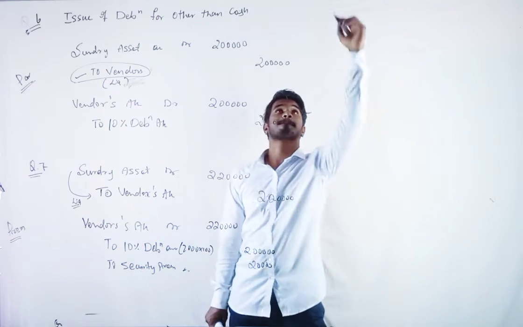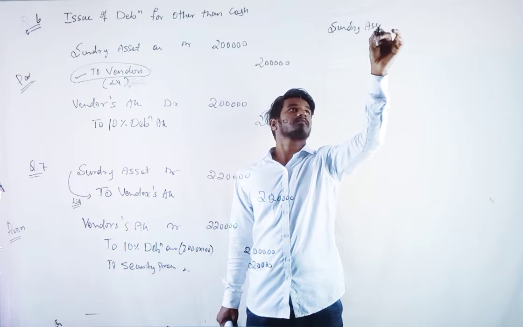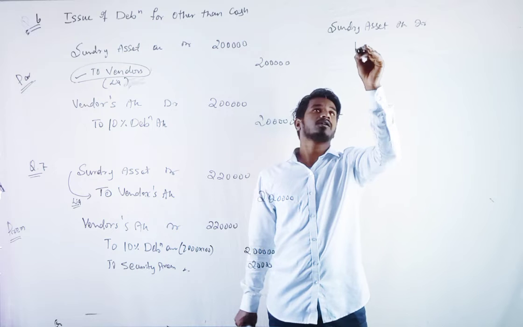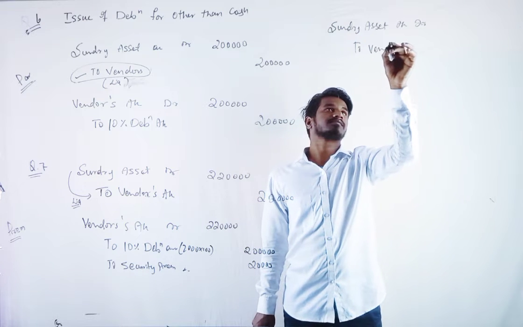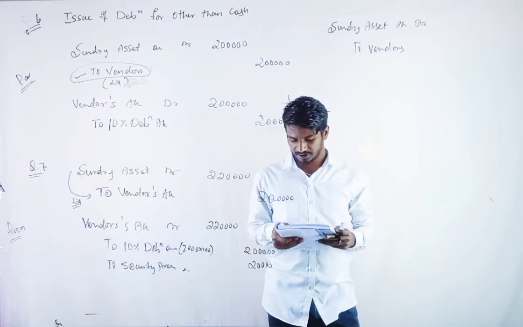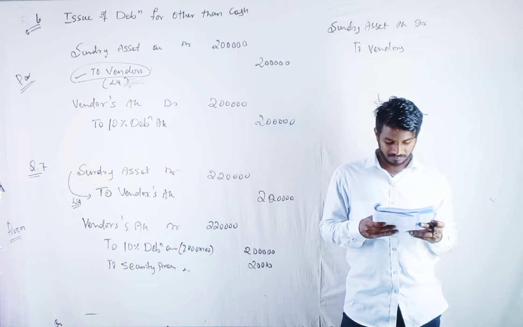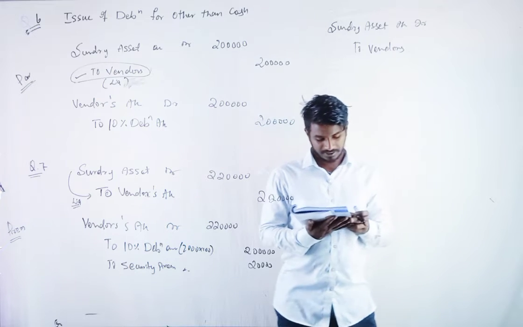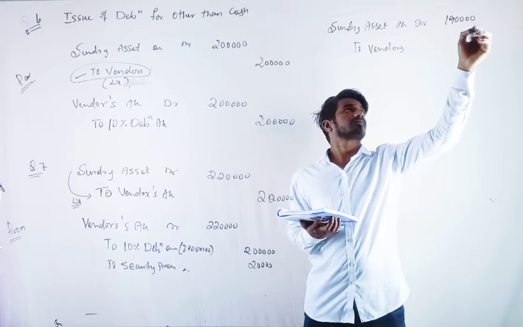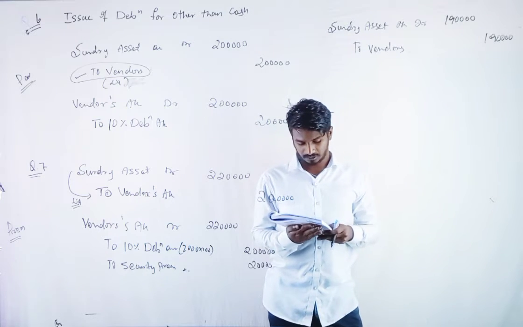Sundry asset account debit to vendors. They have given the value of the purchased asset, 1,90,000.